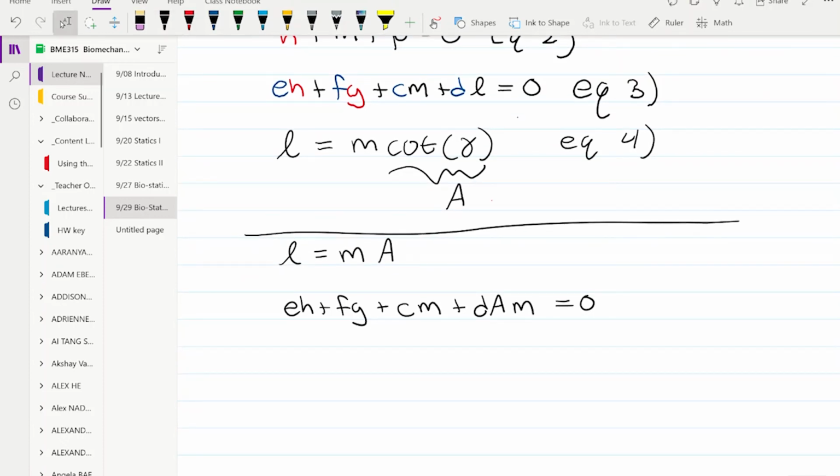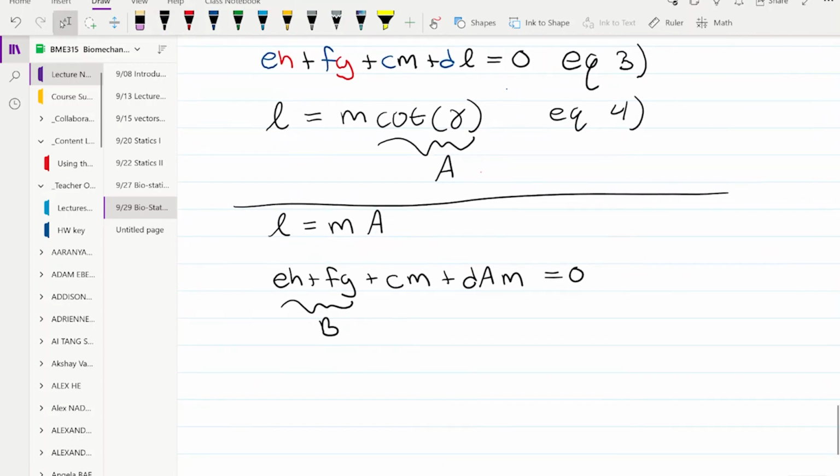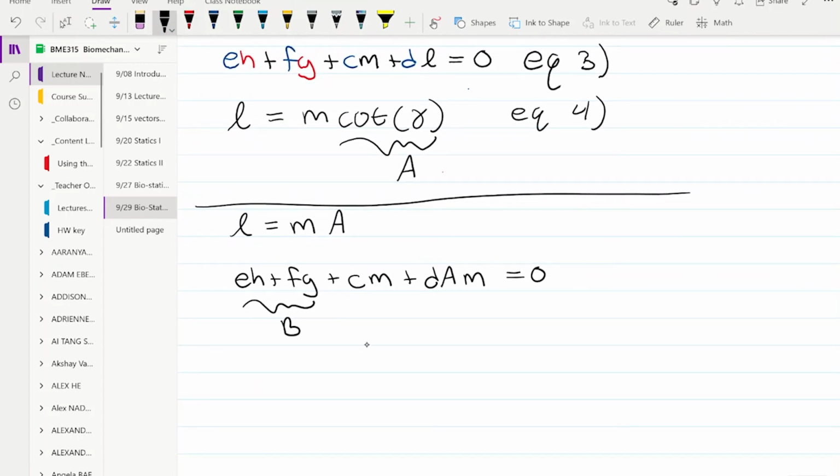All right, so let's make another simplification here. I don't want to do all that stuff again, so I'm just going to write EH plus FG as B. And then I'm going to say MC plus DA equals 0.